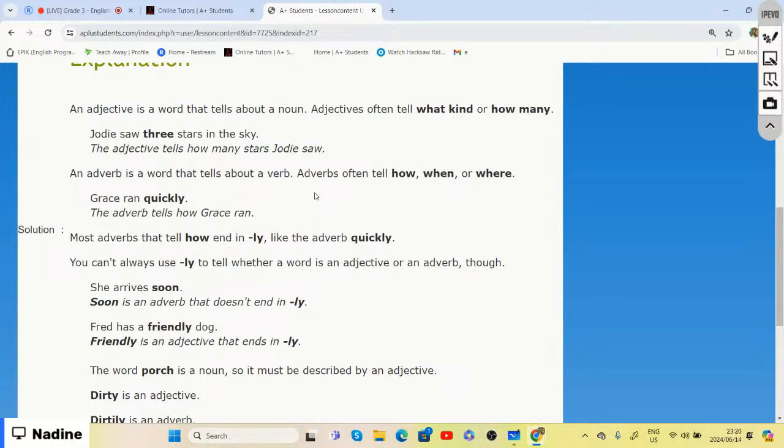If we look at an example, it says Grace ran quickly. As you can see, quickly is in bold because it is our adverb, because it tells us how Grace ran. She ran quickly.